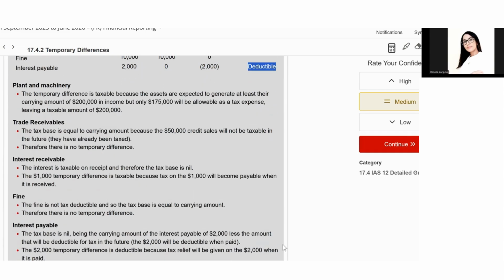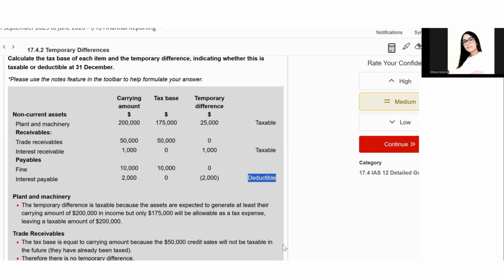So what you do in this case, you just take these amounts, right? For the first year, these, and these, sum of them, apply the tax rate.